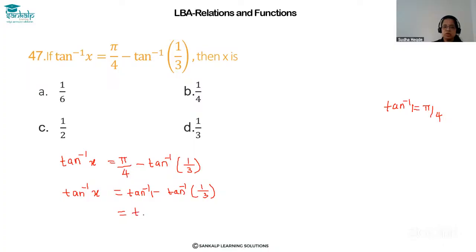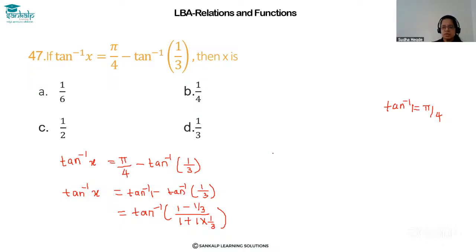So, tan inverse, instead of A you have 1, instead of B you have 1 by 3. So A minus B divided by 1 plus A into B, correct?